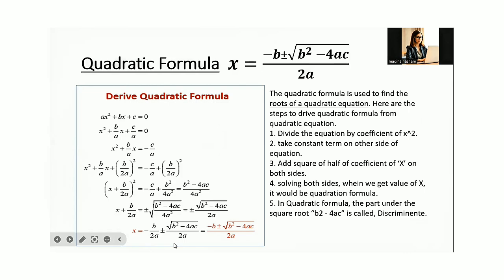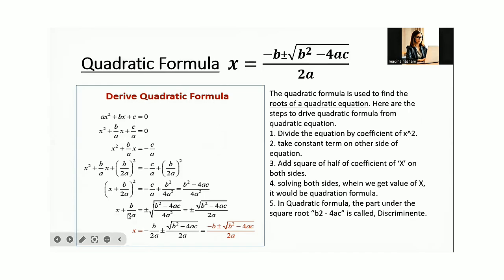Yes, we can write this. Then, as we are going to take the value of x, we have to take b over 2a to the other side of the equation.